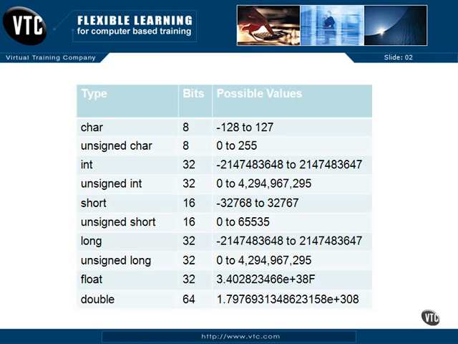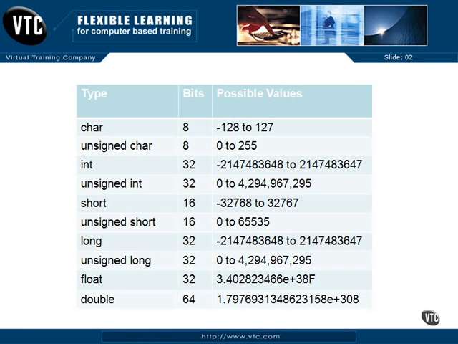An integer is 32 bits, and there you see the large negative number and large positive number. I'm not going to bother to try to read that number off to you. We only have so much time. There's an unsigned integer of 32 bits, and of course, being unsigned, no negatives, 0 to 4 billion and change. There's the short for 16 bits and the unsigned short for 16 bits, and you can see their minimum and maximum values.